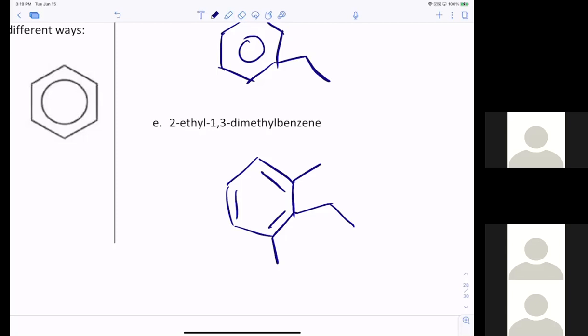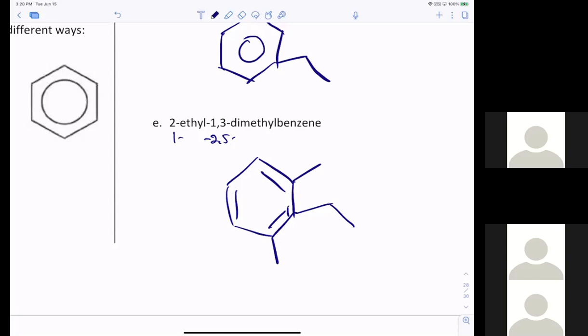If you should have called ethyl carbon number 1, then what would the other ones become? 1 ethyl and then what? Somebody? 2, 5. 2, 5, right? Dimethyl. I'll double check that. Okay, and 1, 2, 5, the problem with that is those are bigger numbers, isn't it?